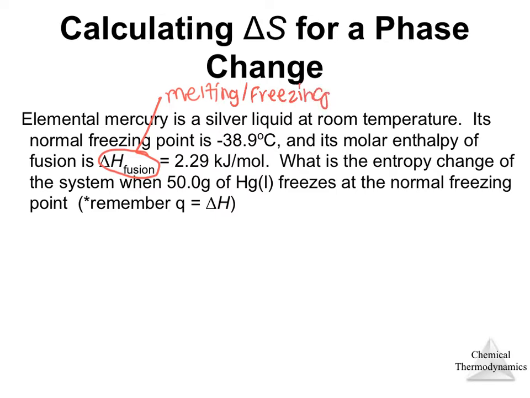Okay, so what is the entropy change of the system when 50 grams of mercury freezes at the normal freezing point? Remember, Q is equal to delta H in a constant pressure system. Okay, so first off, I'm looking at this and thinking, mercury is freezing, which tells me that it is losing heat.